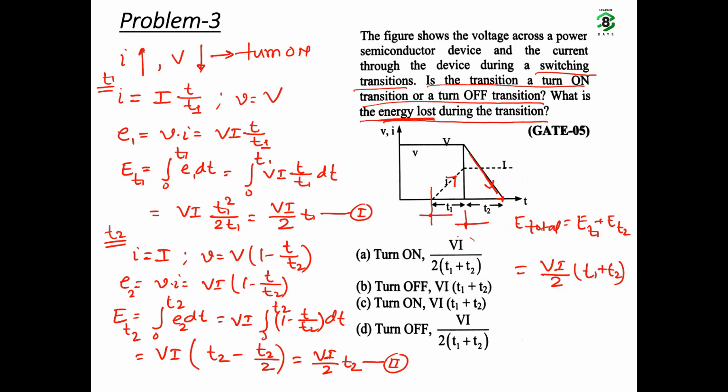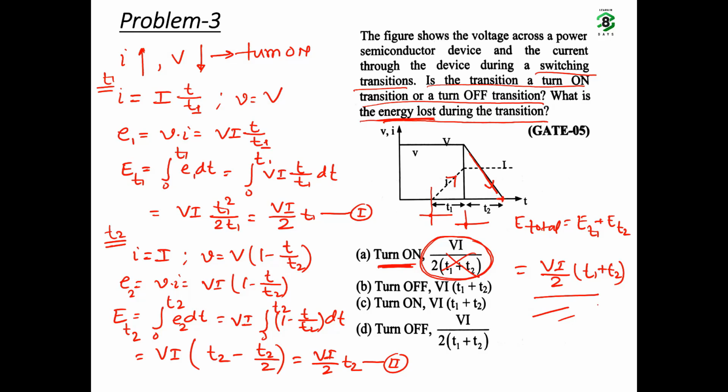But here in the question there is a printing mistake in the answer. So the correct answer is V I by 2 times T1 plus T2, and it is a turn on. The expression for the energy loss is V I by 2 in brackets T1 plus T2 and not this expression. So this is the correct answer.